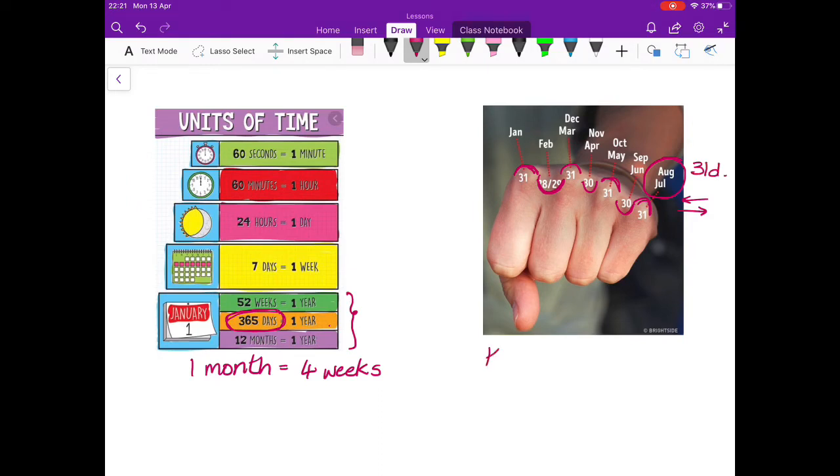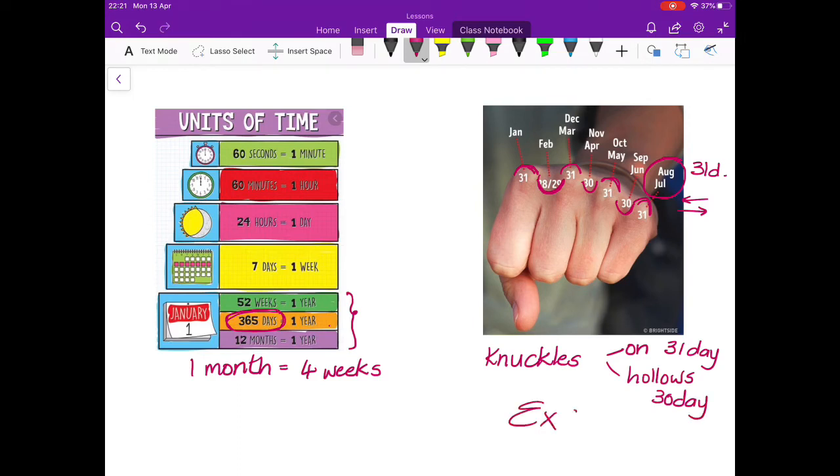Right, the months on the knuckles have 31 days. In the hollows, there are 30 days in those months.